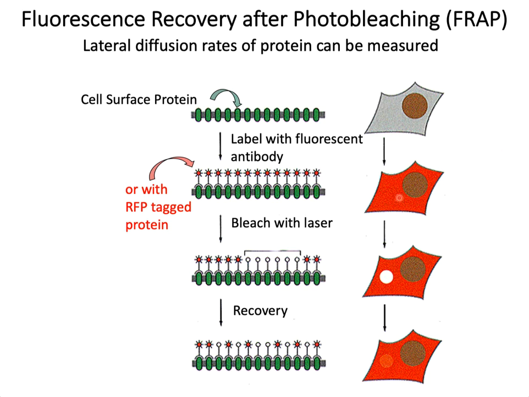When you shine a laser light on a fluorophore at its excitation wavelength, it will emit light for a given time, but not indefinitely, and will lose the ability to emit light. This is known as bleaching or photobleaching. So FRAP takes advantage of the fact that you can photobleach fluorophores, or cause them to lose their ability to fluoresce. Let's take a look at this example.